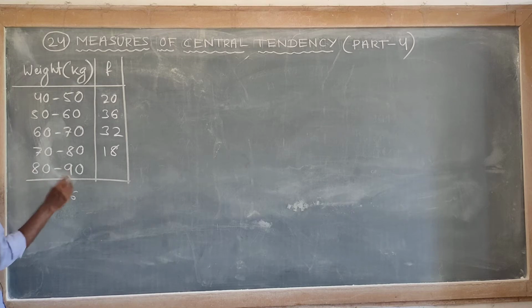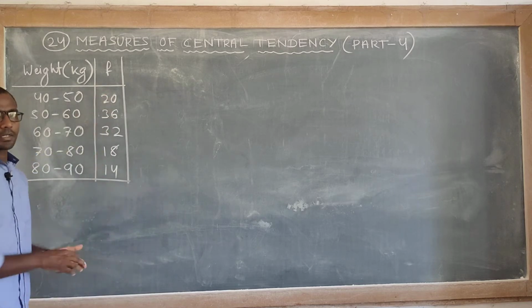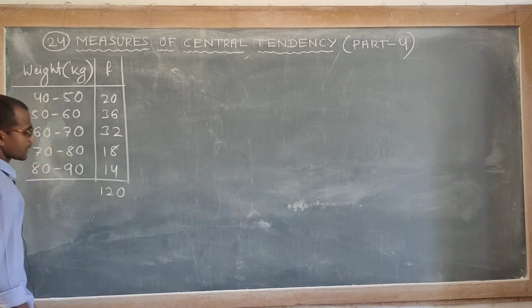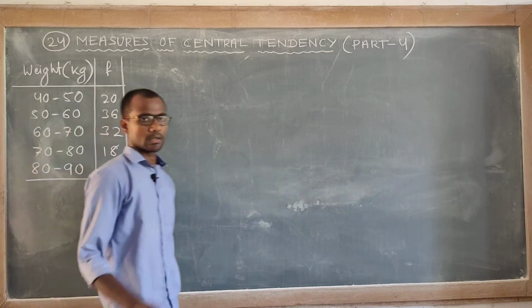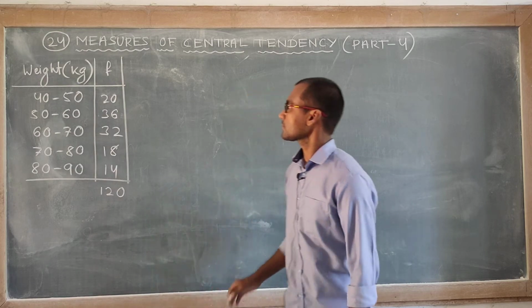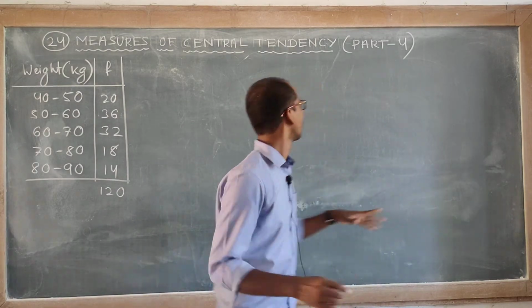Now suppose 80 to 90 there are 14 students. So if you add all these frequencies, you will get 120, which is an even number. So deliberately I have taken an even number.